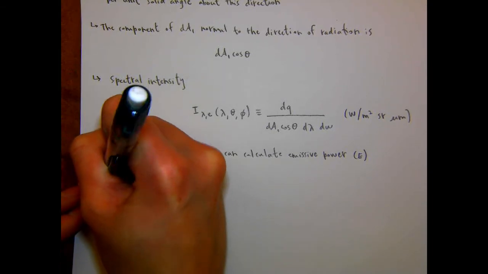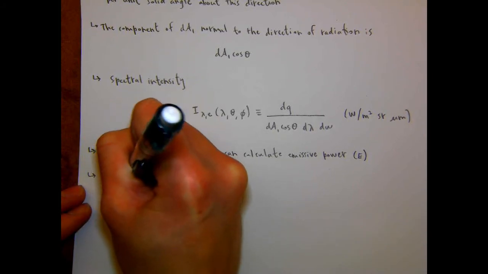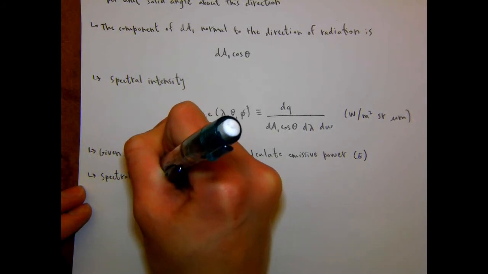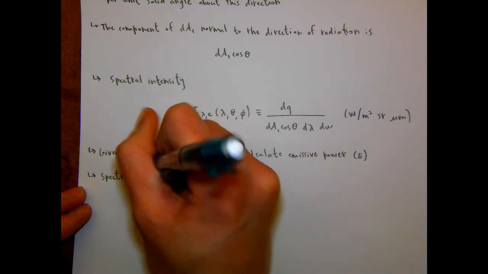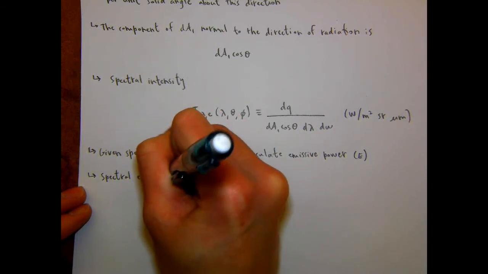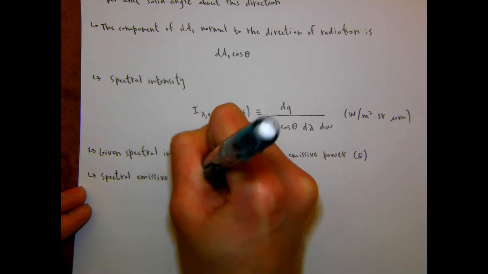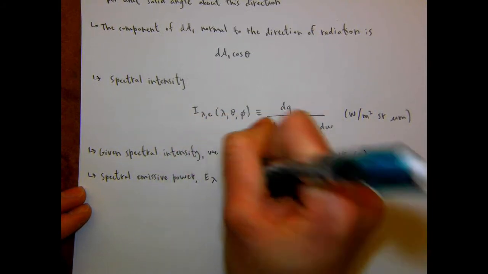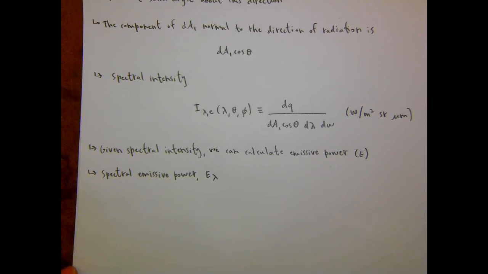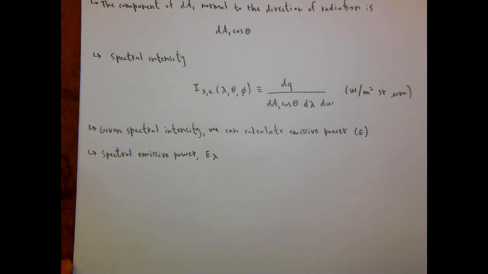So first we'll calculate the spectral emissive power, E sub lambda. So hopefully you can guess what this is. We're just going to take the spectral intensity, which is a function of wavelength and direction, and integrate up only over all of the directions. So then that gives us the spectral emissive power, which is the rate of emission for one given wavelength in all of the directions.